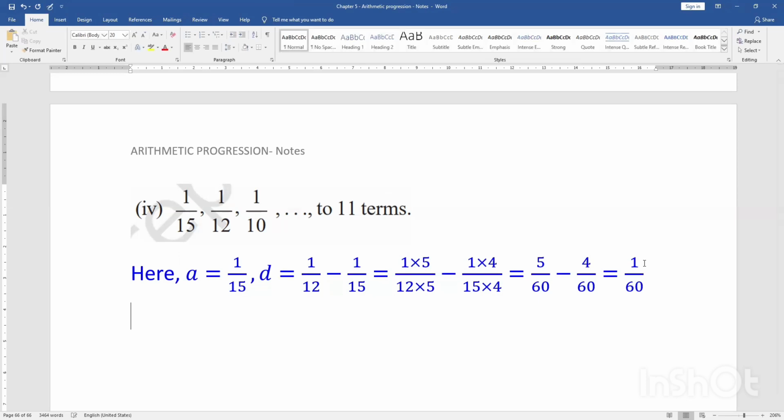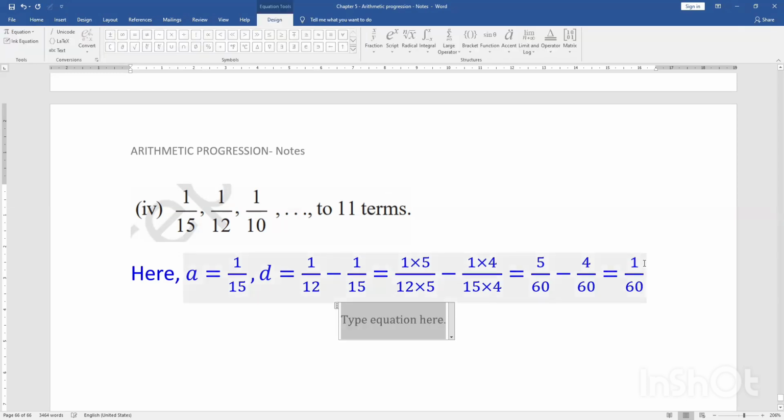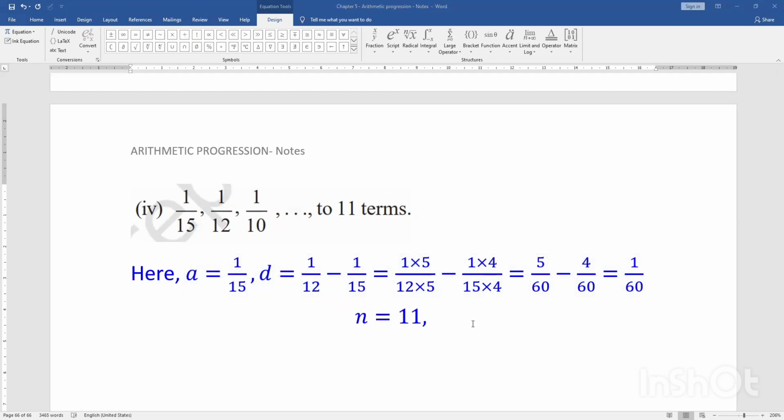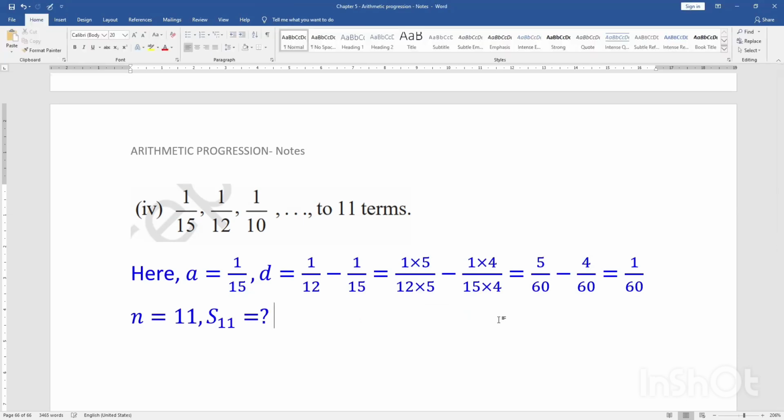Then number of terms. So take n as 11. And what we need to find out is S11, right? So let us do that. S11 is question mark.